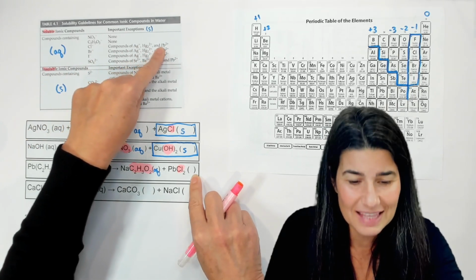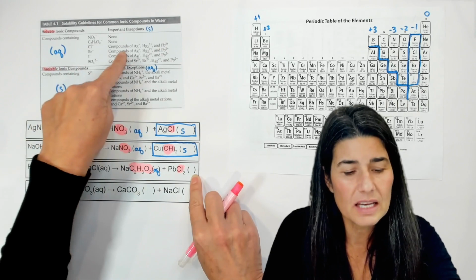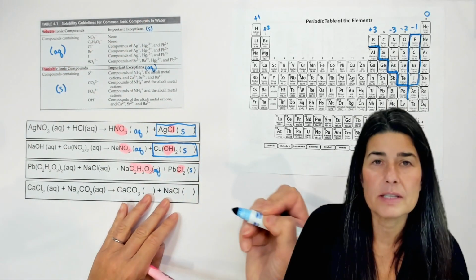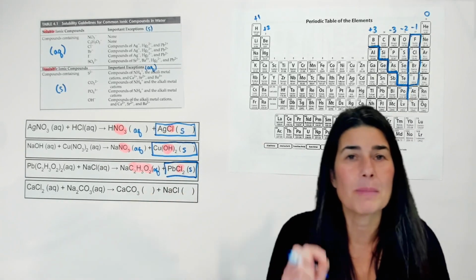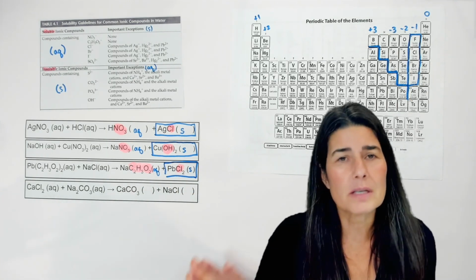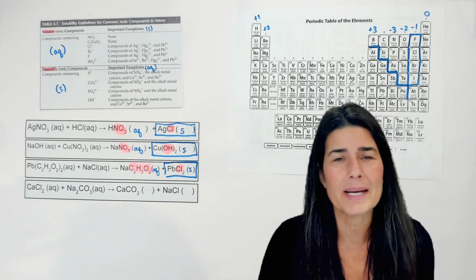Yes, it's with lead. Since I have an exception, I won't write AQ, I will write solid. So this one is my solid, and I would go ahead and box that in as my precipitate, because your precipitates are solid. Now, don't start thinking that your second one is always going to be the solid. That is just random chance.